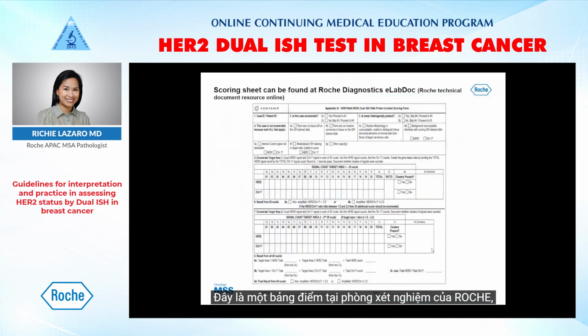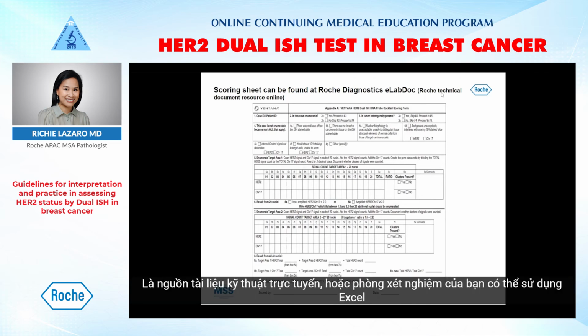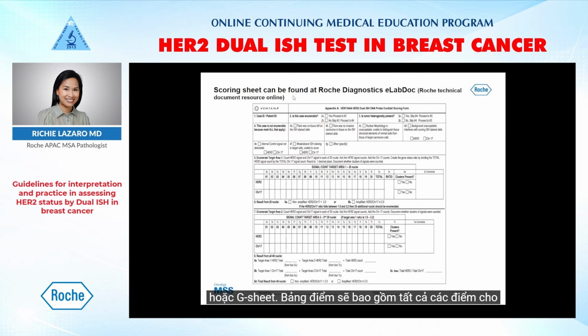A scoring sheet can be found at Roche Diagnostics eLabDoc, which is a technical document resource online, or your lab can create one using Excel sheets or G sheets.